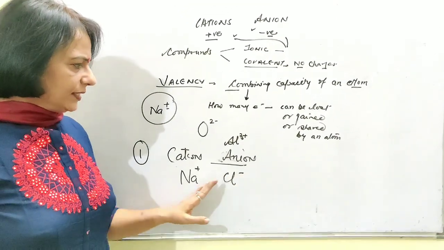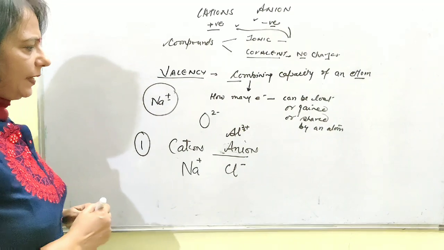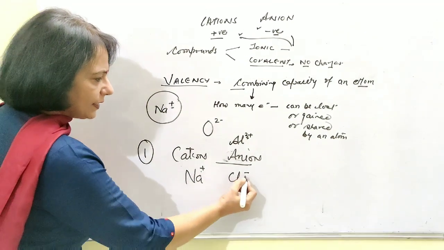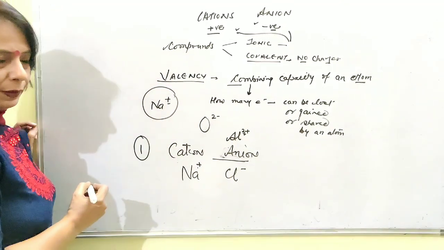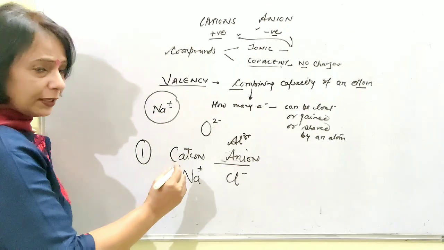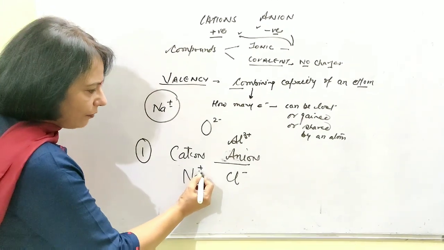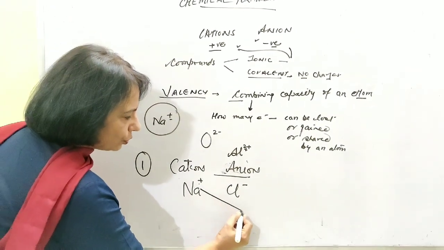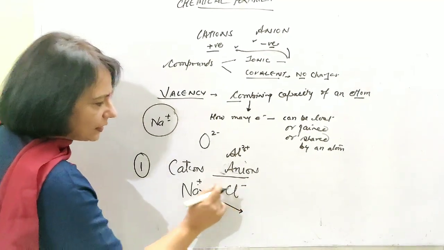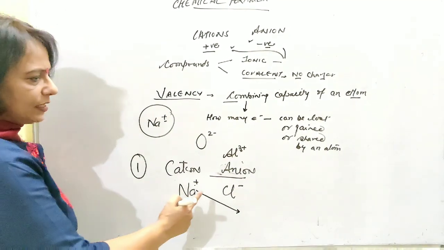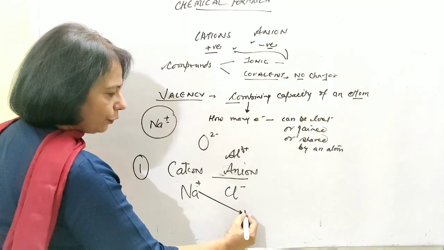Once this step is over, the next step is that whichever valencies have been written have to be crisscrossed. That means the valency of the sodium should go towards the chloride, in the subscript form.